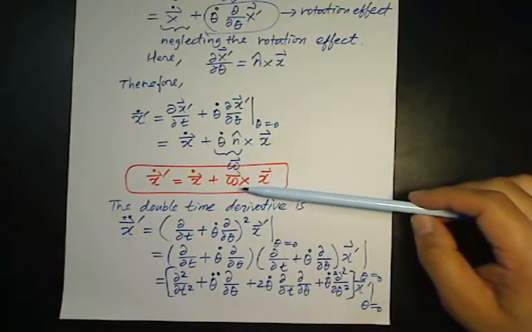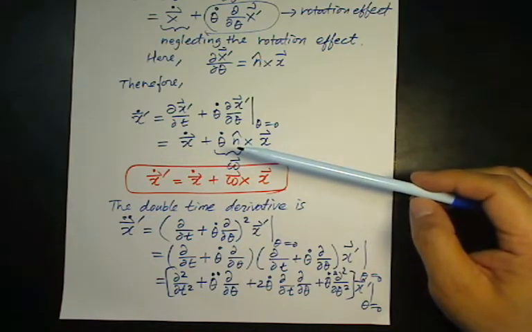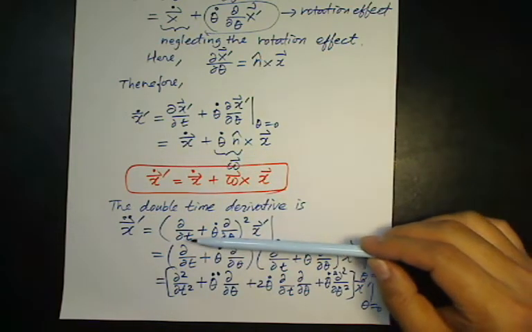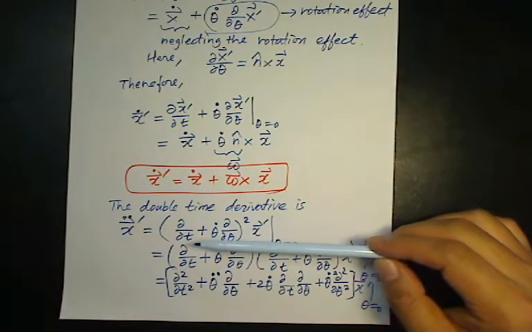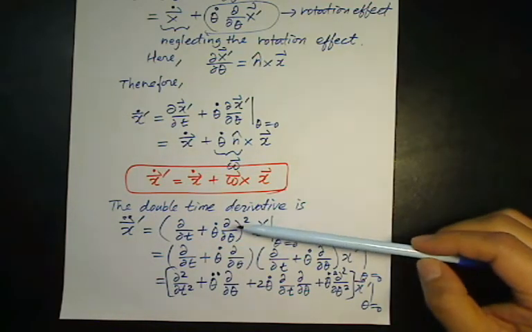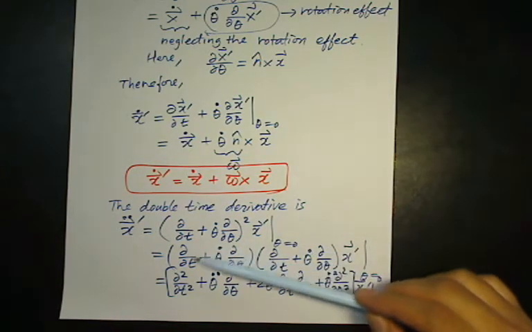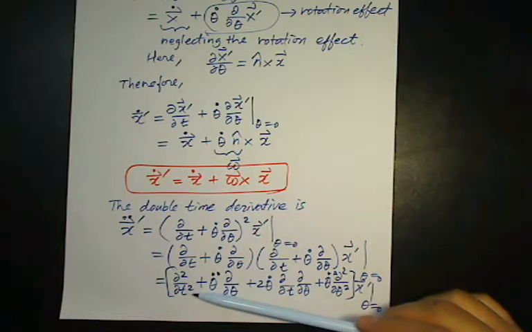The double time derivative can be achieved by repeating this operation twice. That is a partial time derivative. That means finding out the change in the rotating frame vector and the change due to the rotation itself. And if I double this operation, we have the second time derivative.